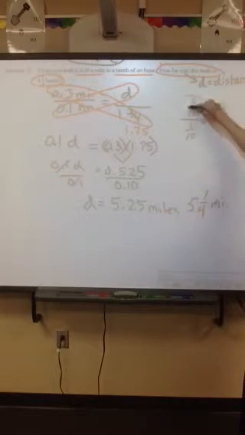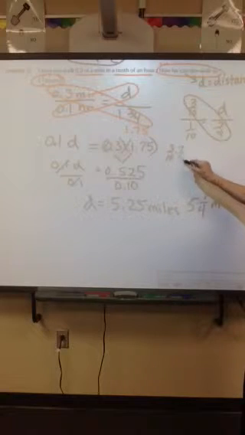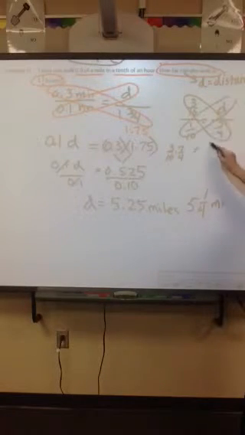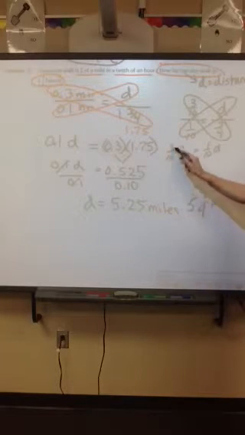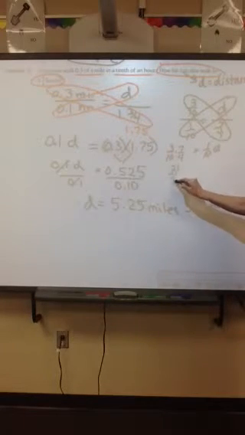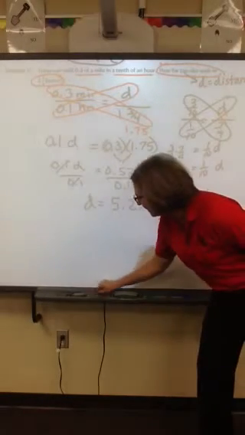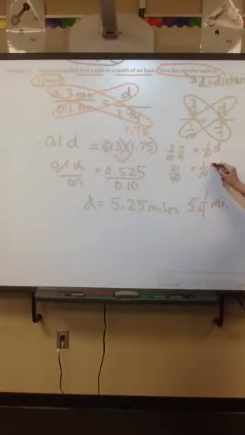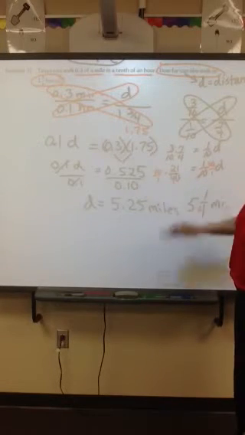Then I would cross multiply, and I would do 3/10 times 7/4 is equal to 1/10 D. There's nothing I can cancel, so that'll be 21/40 equals 1/10 D. I can multiply both sides by 10, which is the reciprocal of 1/10, and 10 over 1, they divide out, so I can multiply by 10 over 1 over here.